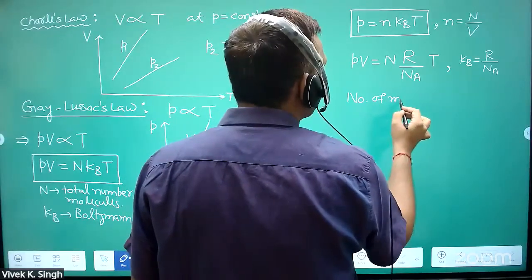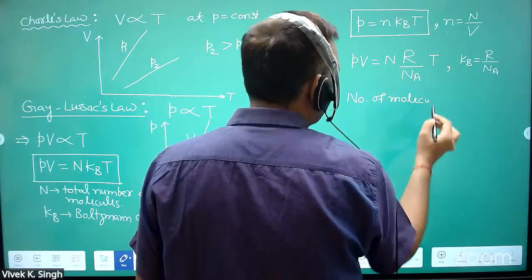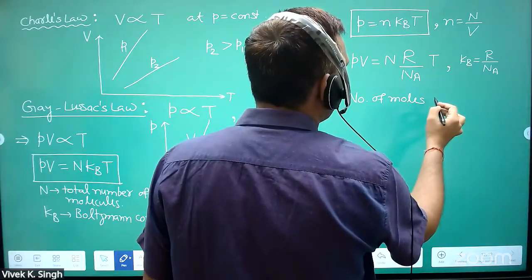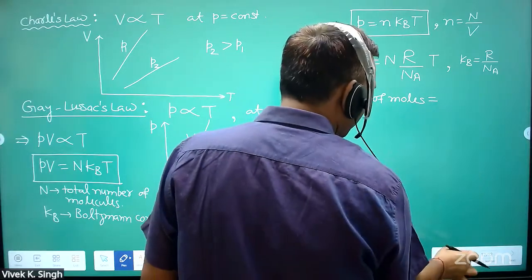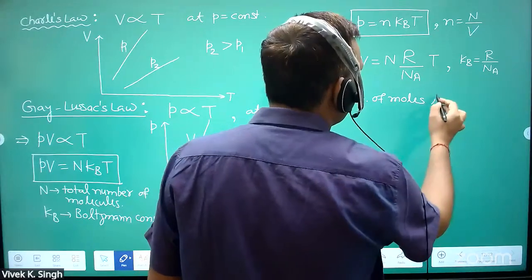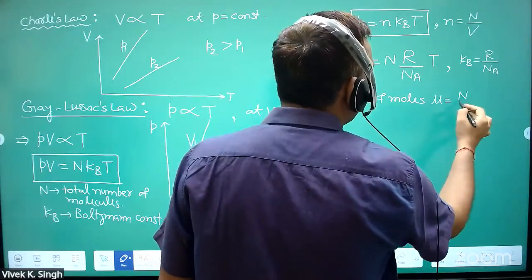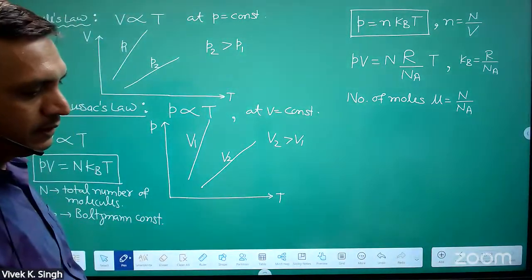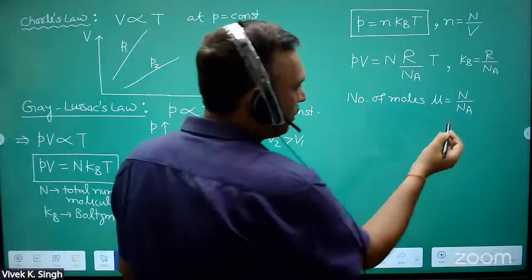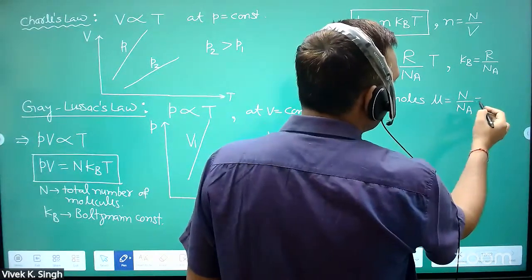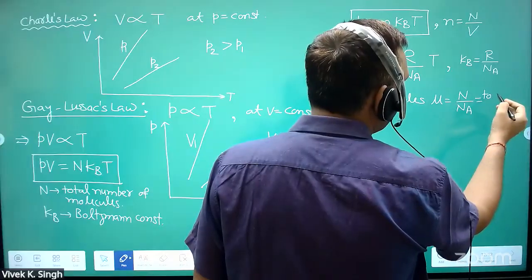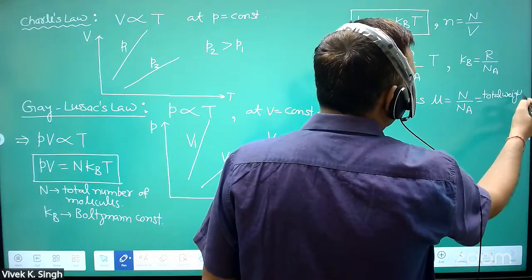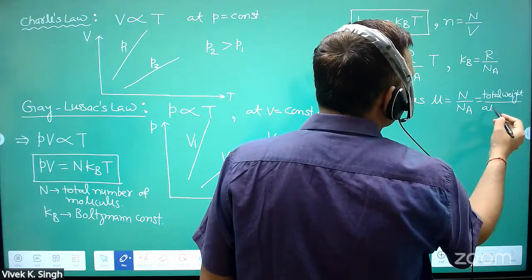The number of moles, mu, is given by N by Na, which is also equal to total weight by atomic weight.